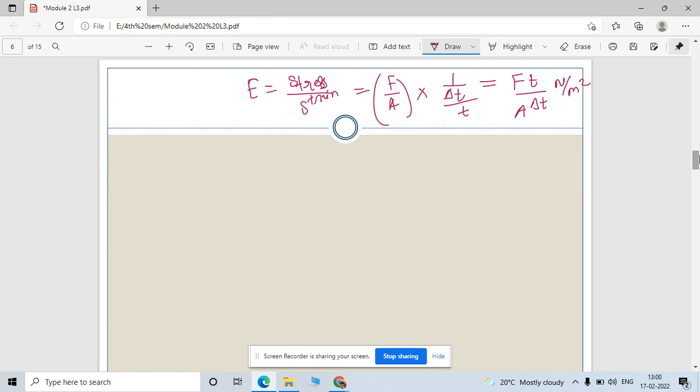Now in the same way you can put that value. What is your force here? Rewrite this equation.